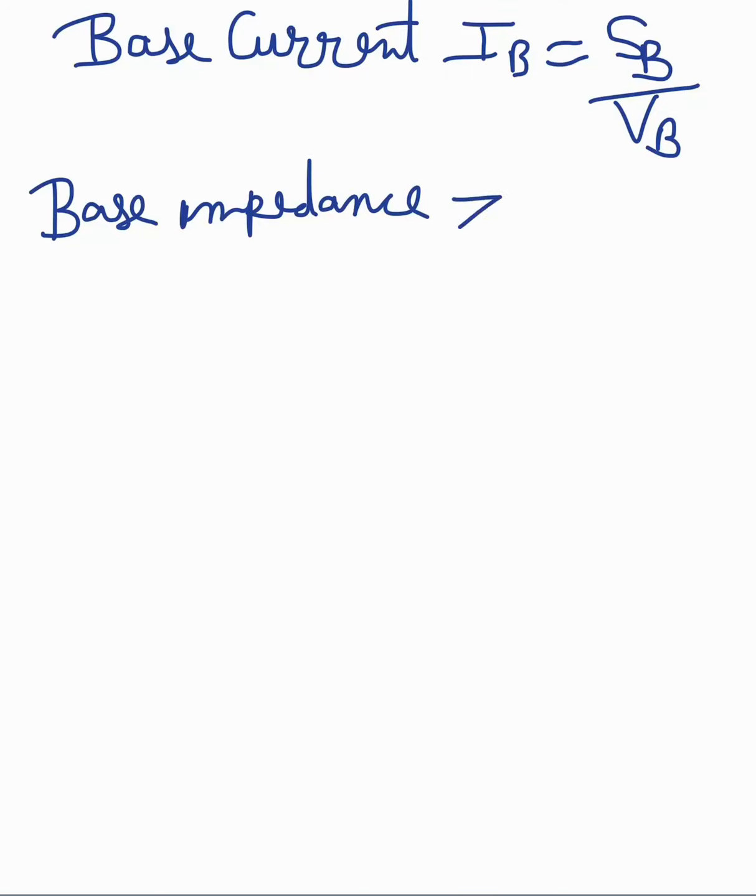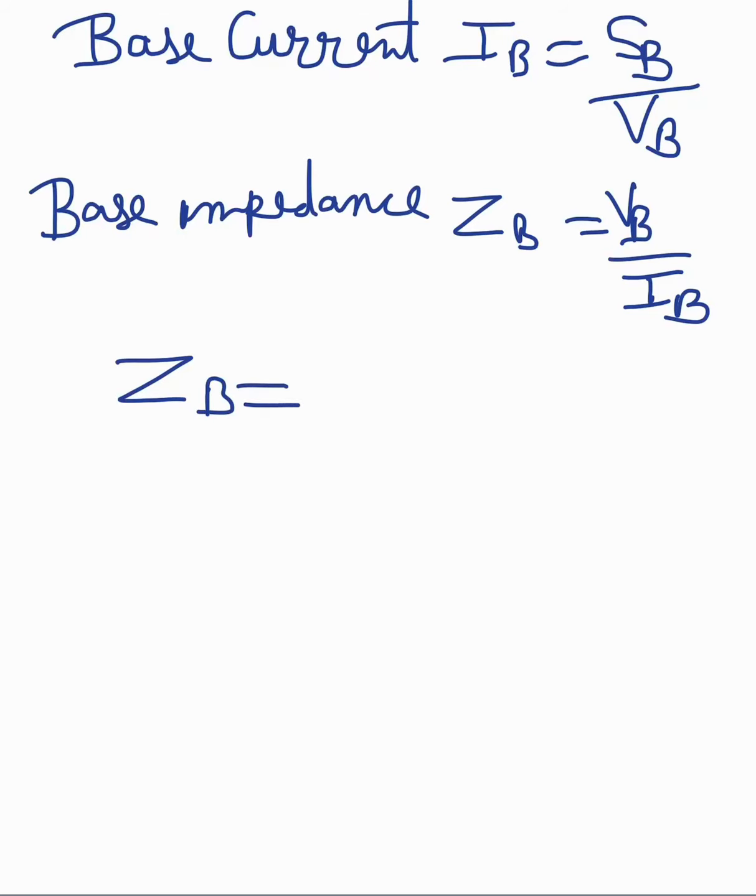That is ZB. In previous we have calculated the base impedance, that is ZB is equal to VB upon IB. So we can write ZB is equal to VB upon IB, where you can see the value of IB is equal to what?